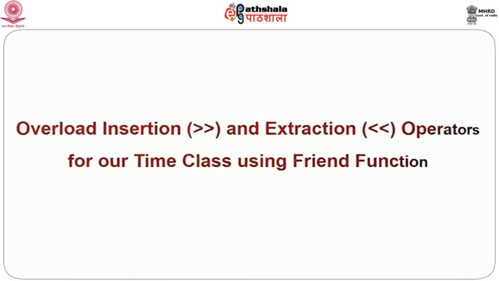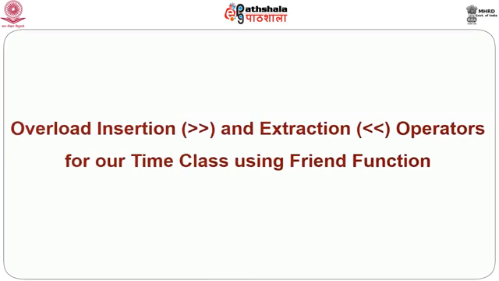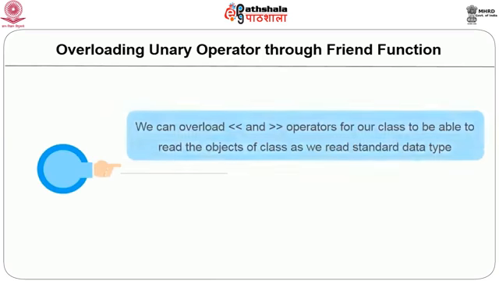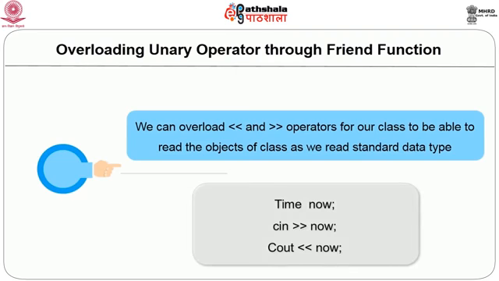There are some other situations also where it becomes necessary for us to overload the operator using a friend function. Let us consider overloading insertion and extraction operators. For our time class, we would want these operators to be overloaded so that we are able to read and write time objects using cin and cout objects as we read any standard data type.